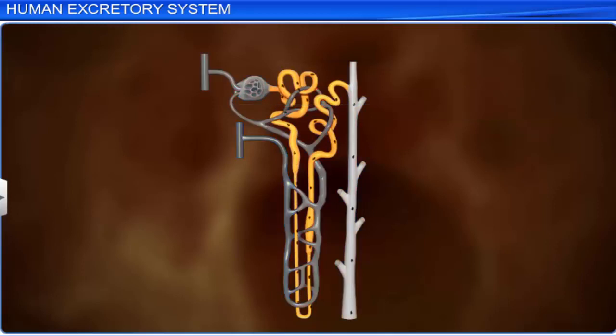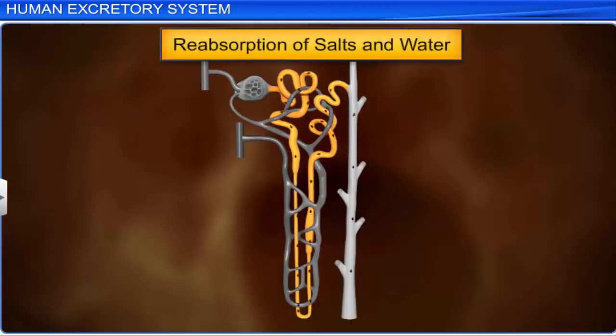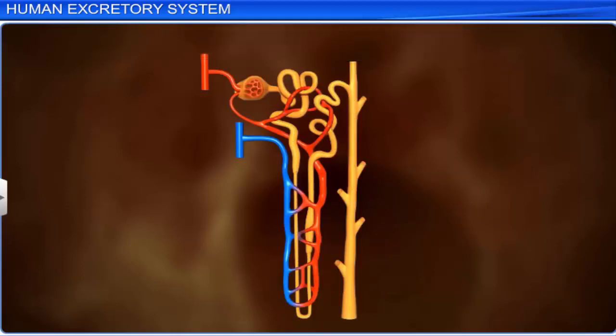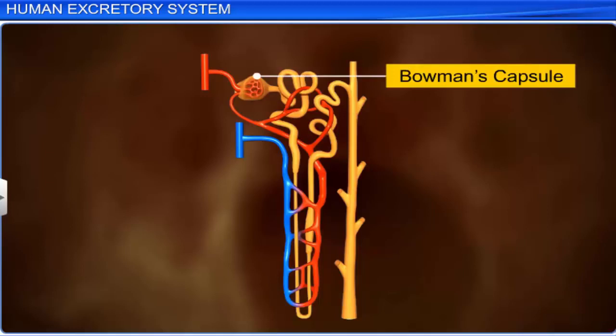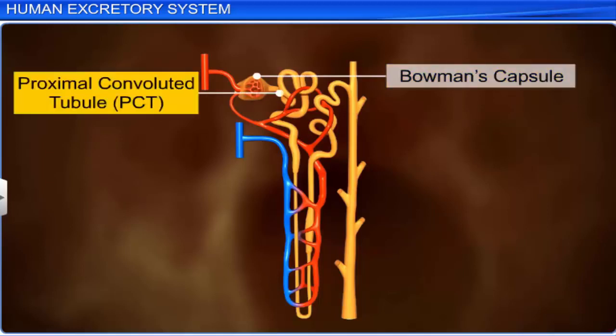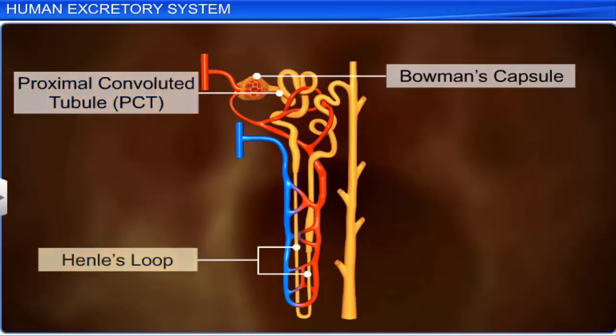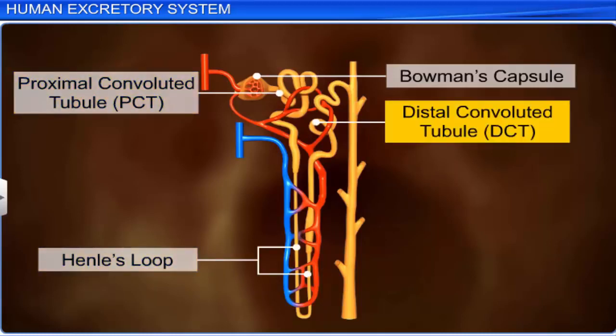The other part of the nephron, the renal tubule, helps in the reabsorption of salts and water as the urine passes through it, thereby concentrating the urine. The renal tubule begins with the Bowman's capsule and consists of proximal convoluted tubule PCT, Henle's loop, and distal convoluted tubule or DCT.